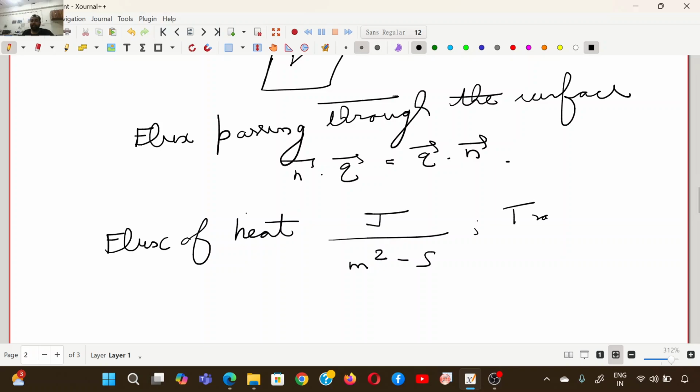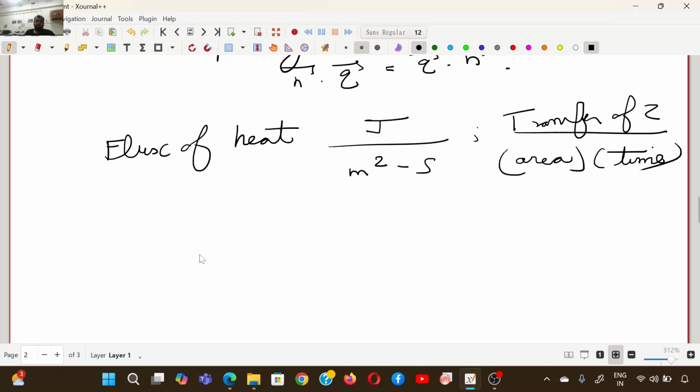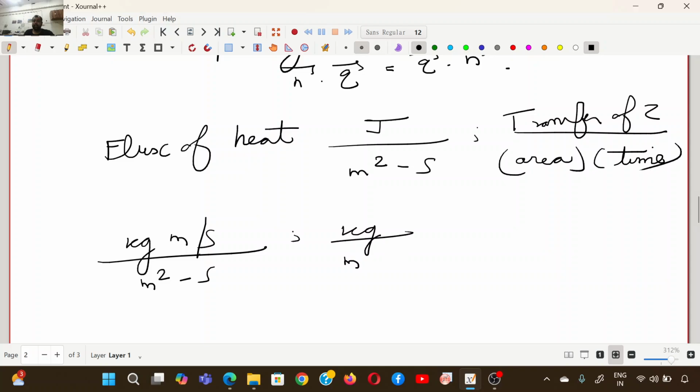So flux is basically the transfer of any component divided by area and time. For instance, in case of momentum transfer, momentum flux will be momentum, kg meter per second, mass into velocity, divided by area divided by time. It will be kg per meter second square.